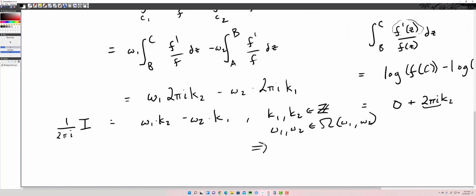So the sum of the values of the zeros minus the sum of the values of the poles is in the lattice.